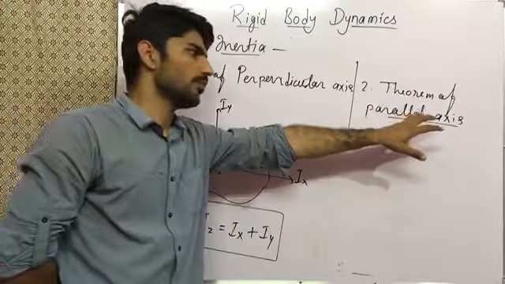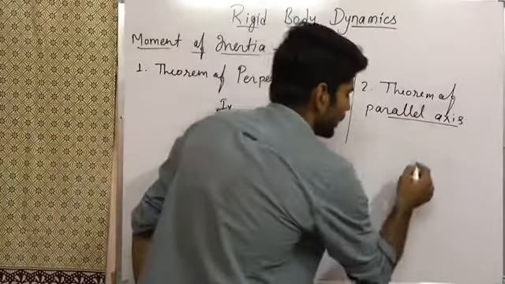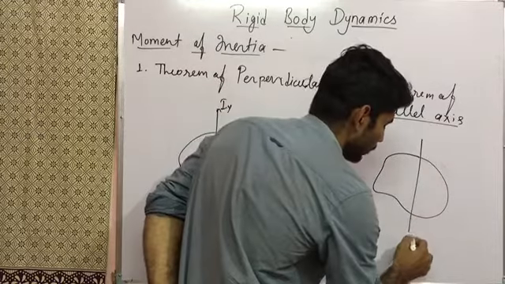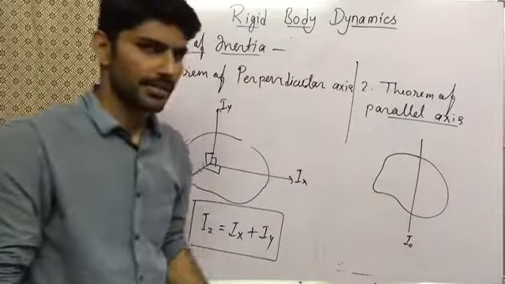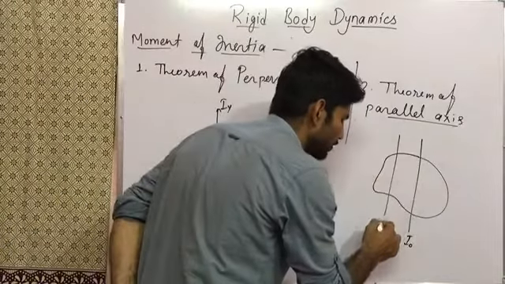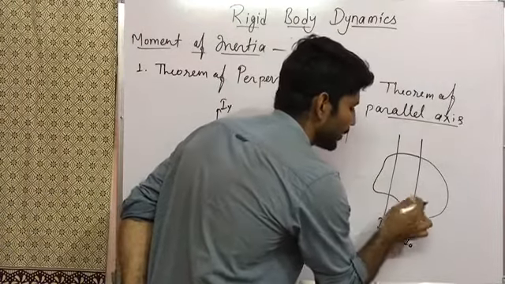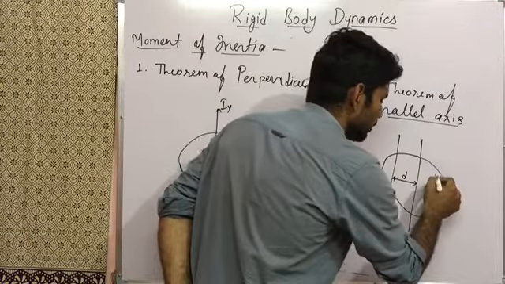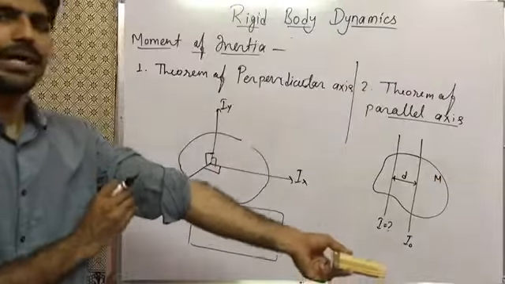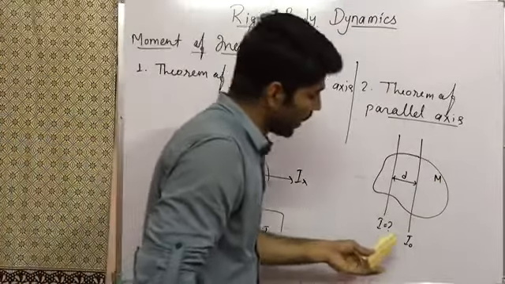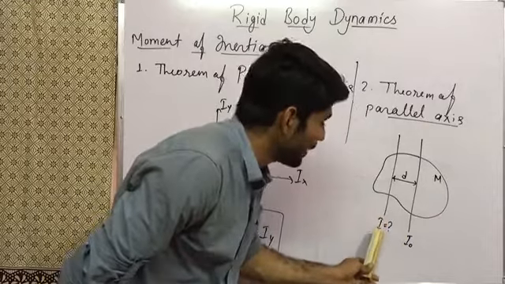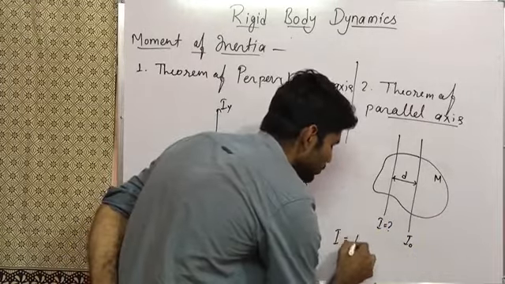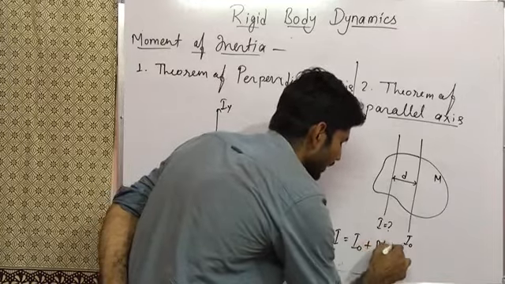And according to the theorem of parallel axis, assume that there is a rigid body with an axis of rotation, and we know the moment of inertia about this axis, but we need to find the moment of inertia about another axis parallel to it at a distance d, and assume that the mass of this body is capital M. Then the moment of inertia about the parallel axis is given as I equals I naught plus M d square.